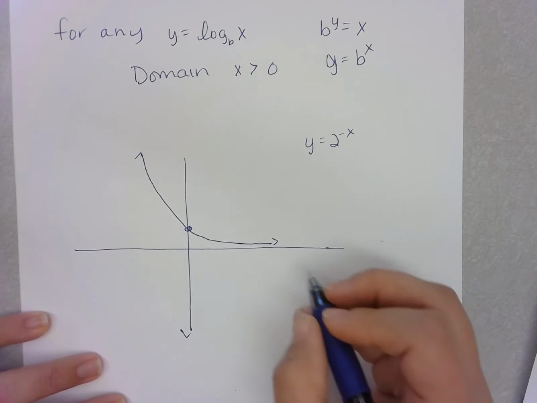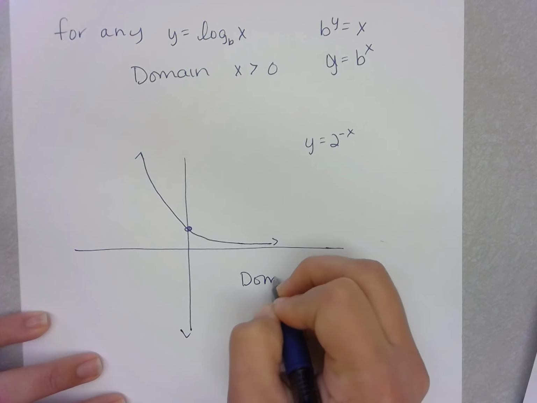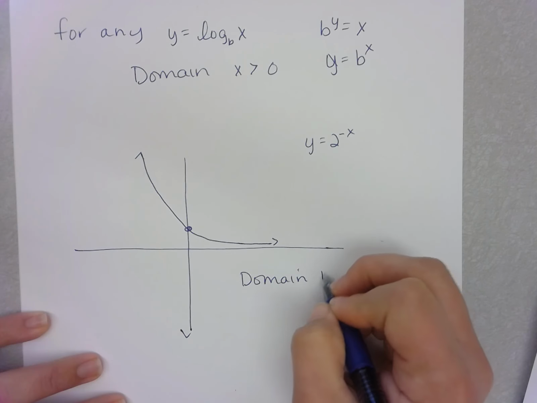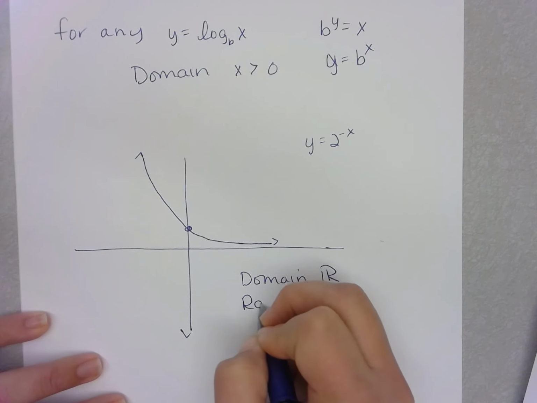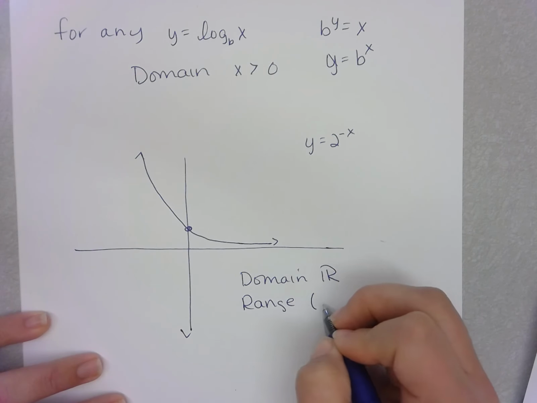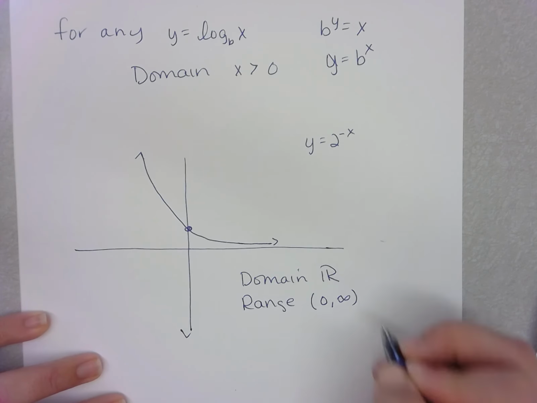Okay, so if I look at this, the domain of this function is going to go completely side to side. It's all real numbers. My range, though, stays on top of the x-axis. So my range goes from 0 to positive infinity.